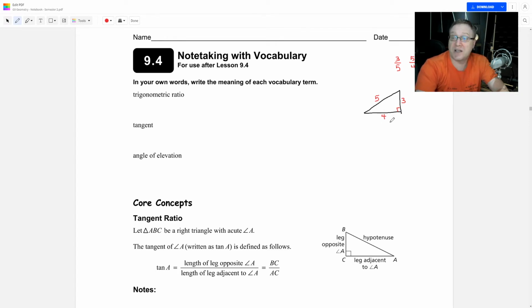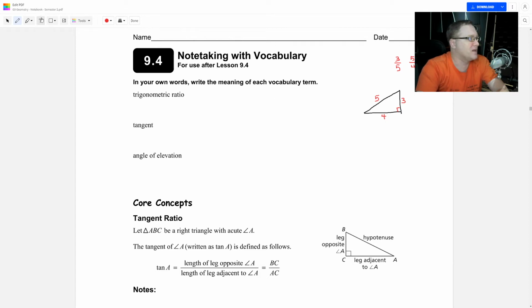There's several different trigonometric ratios that we could look at here. All right, so that is what a trigonometric ratio is. It's just a ratio, which means we're dividing 3 over blank. That's a ratio. All right, and so it's a ratio of two sides of the triangle.